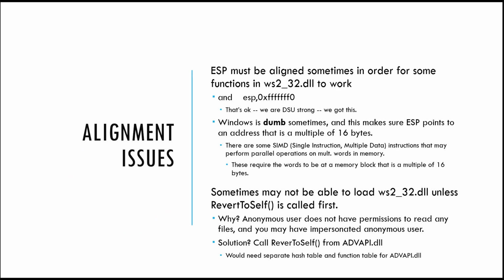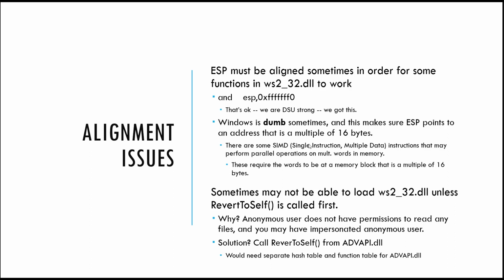This says alignment issues, but I also talk about something else as well. Now, when you do this, there can be some very strange alignment issues, because sometimes Windows behaves in a dumb fashion, in the sense that ESP, for certain instructions, needs to point to an address that is a multiple of 16 bytes.